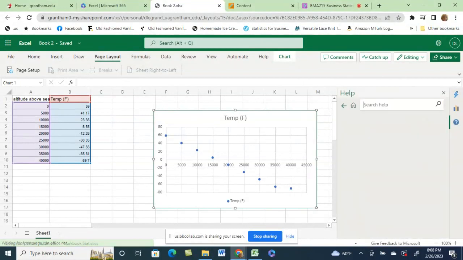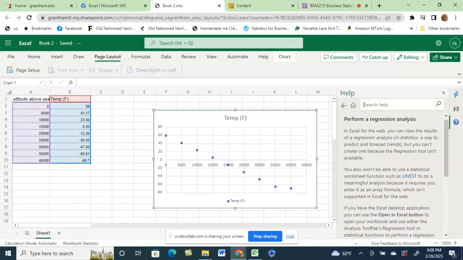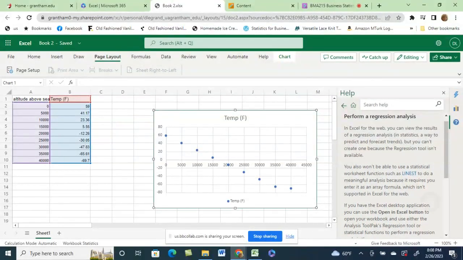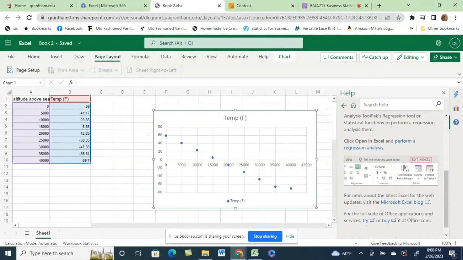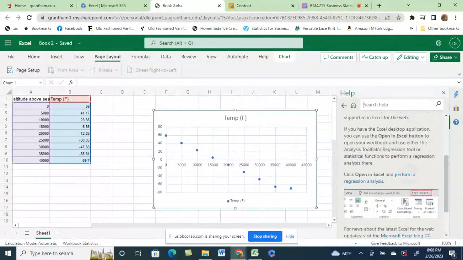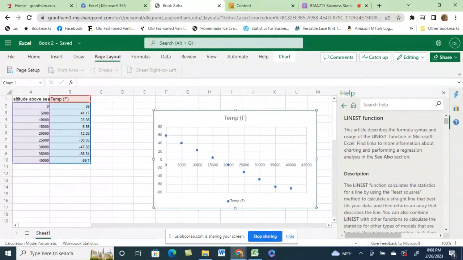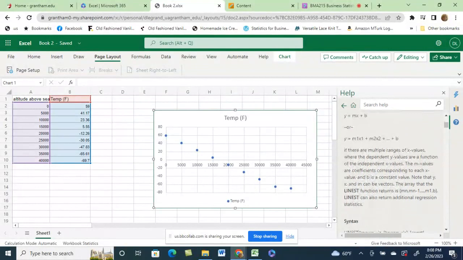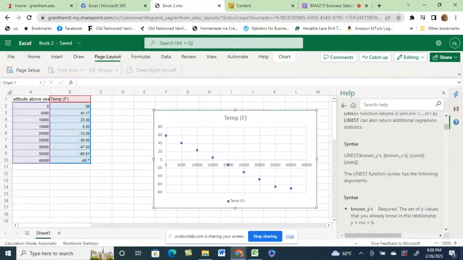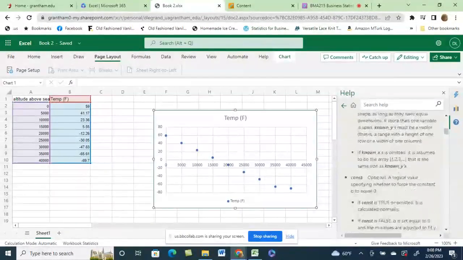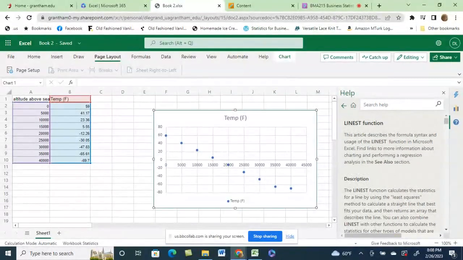I'll have to go to help. What did it click on? Oh, you have to use a command there.